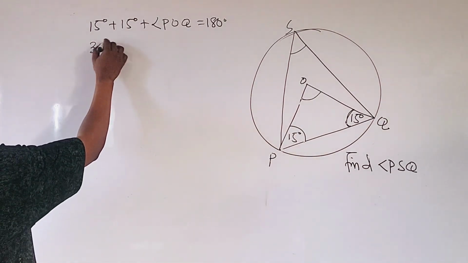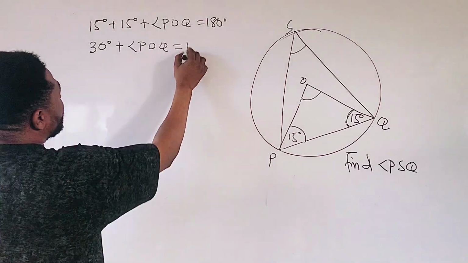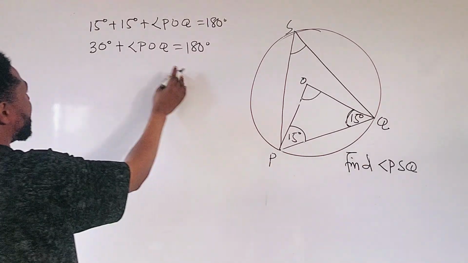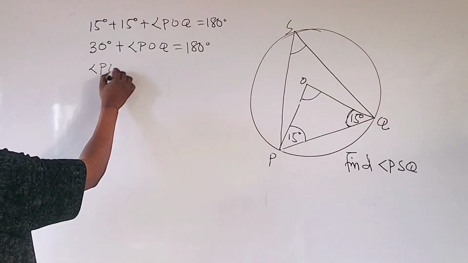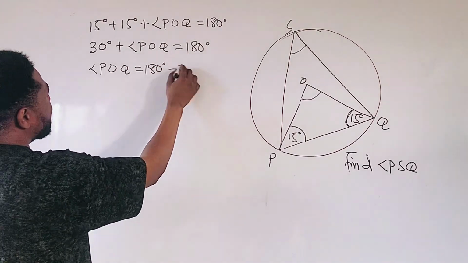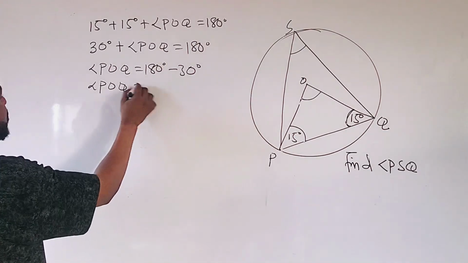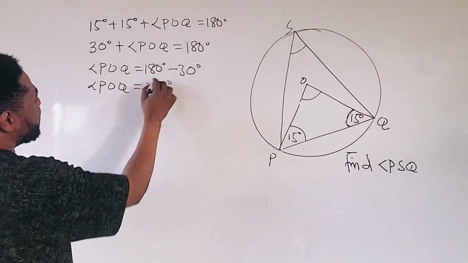So here we have 30 plus angle POQ equal to 180. So angle POQ is going to be 180 minus 30, so angle POQ is going to be 150.